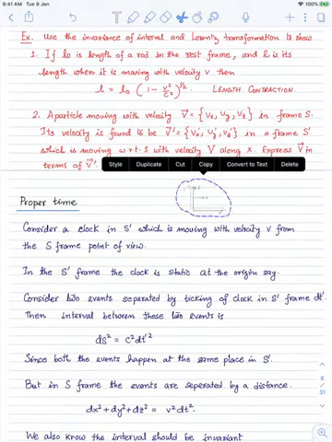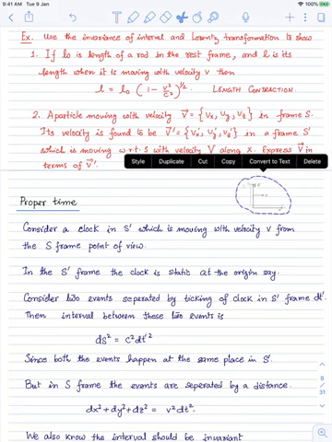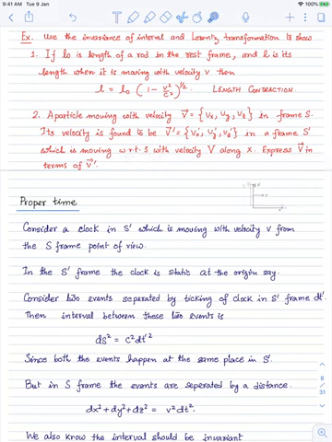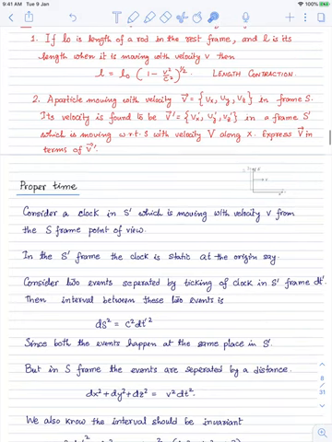Let me paste it here. Please remember this diagram. So here S prime is moving with velocity v. Let's put a clock in S prime, so that the clock is moving with respect to frame S with velocity v in the plus x direction.